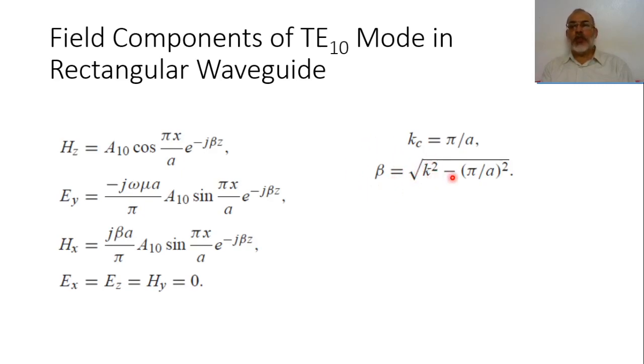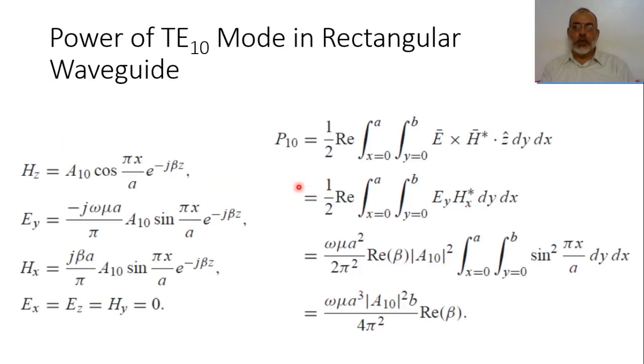If k is smaller than kc, or below the cutoff frequency, beta will be imaginary and the power will be 0. So this is the power transfer through the rectangular waveguide for the dominant TE10 mode. It is omega mu a cubed multiplied by the magnitude of the electric field or the magnetic field, which is A10 squared b over 4 pi squared real beta.